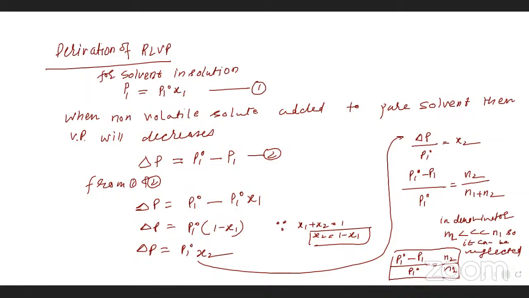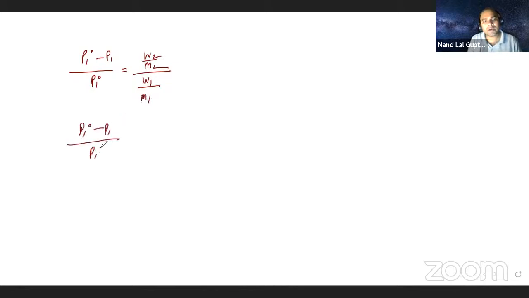Yes. Okay. So what can we write? P1 naught minus P1 divided by P1 naught is equal to W2 upon M2 upon W1 upon M1. So P1 naught minus P1 divided by P1 naught is equal to W2 into M1 divided by M2 into W1.